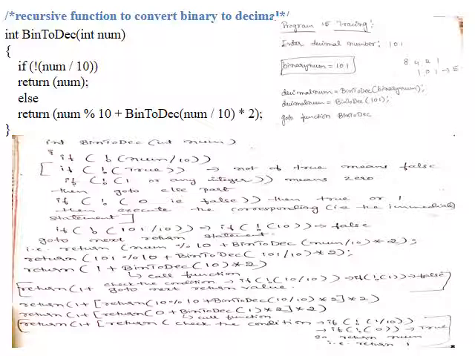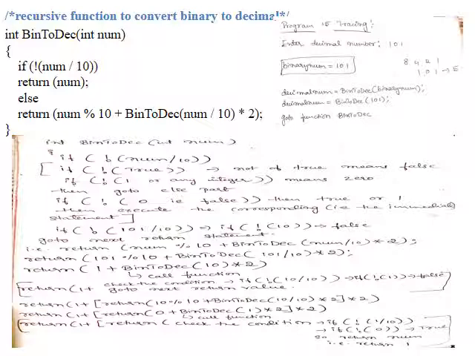If the evaluated value is true, or 1, or any non-zero integer, its negation, that is not of true or not of 1, means 0. So when you evaluate num divided by 10, if the condition is true, then we find its negation: negation of true is false. In such a case, we go for the second return statement, that is the else part.